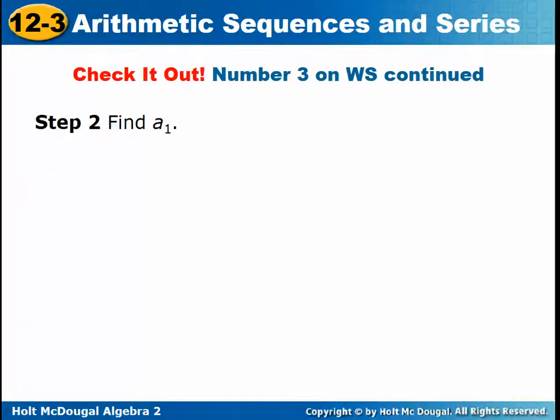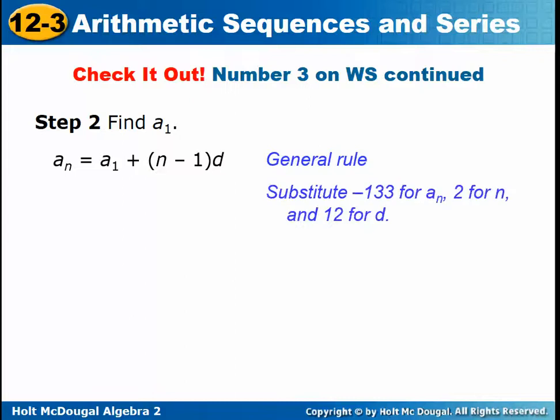All right, now that we know what the common difference is, we're going to find a sub 1. They told us that one of our terms was negative 133. That was the second term, so we're going to use 2 for n and 12 for d. So negative 133 equals a sub 1 plus 2 minus 1 times 12.